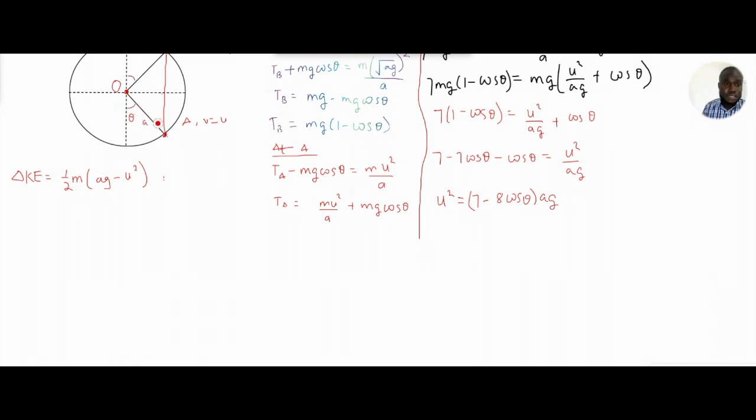If this angle is theta, this is also theta. The distance from here all the way down here is a cos theta. And since from here to here is the same as from here all the way up to B, the vertical displacement is just 2a cos theta. And remember, I'm moving from the lower point to a higher point, so the change in gravitational potential energy is going to be a positive change.